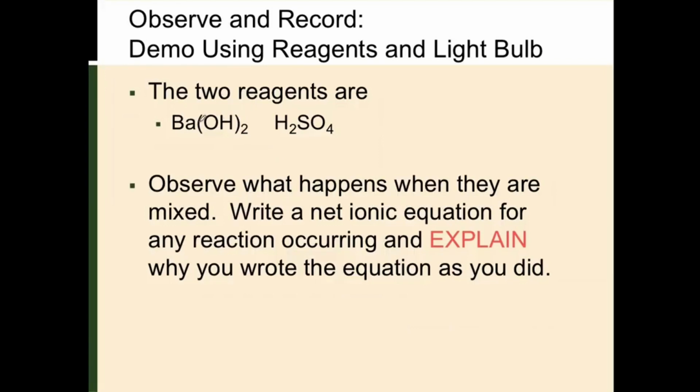So this is a reaction where barium hydroxide and sulfuric acid are mixed together. And then whenever that happens, you can see it has an effect on the electrical circuit, and you end up with electricity flowing. And so you can account for that by writing out the full equation. You will see a neutralization reaction because this is hydroxide base, and this is acid with the protons.